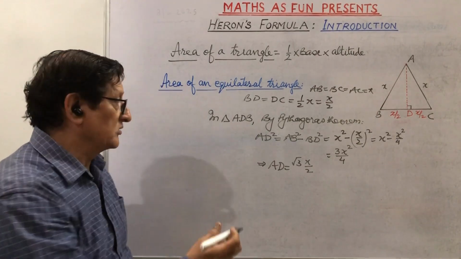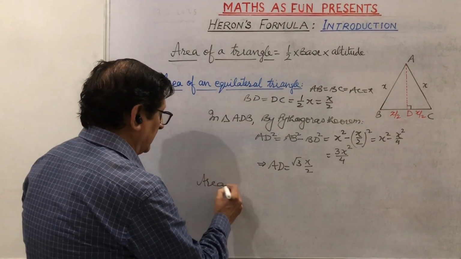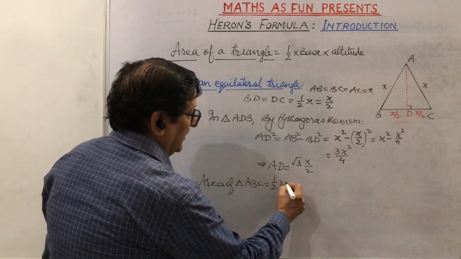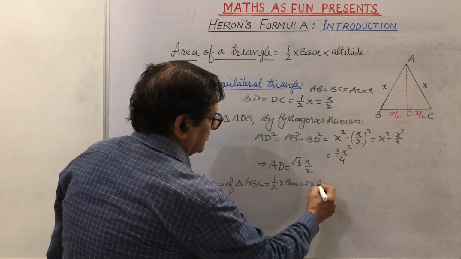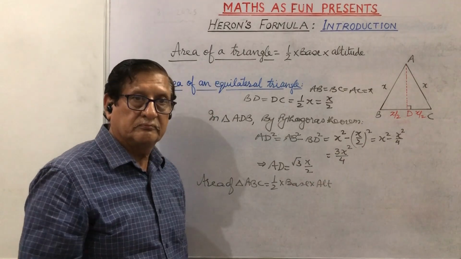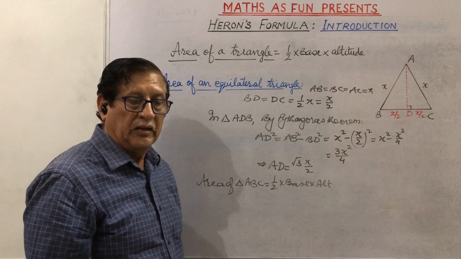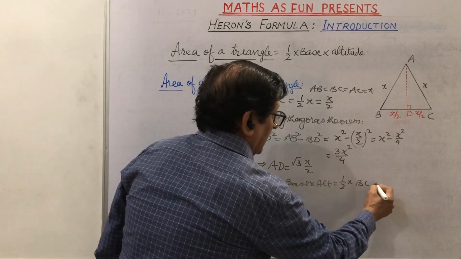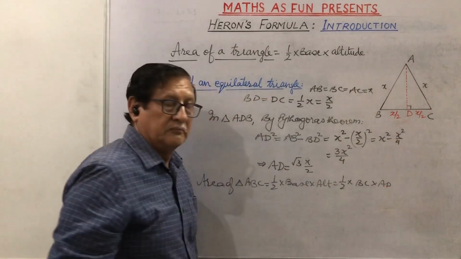And hence we can find out the area of triangle ABC, that is half into base into altitude. Here base is BC, altitude is AD.